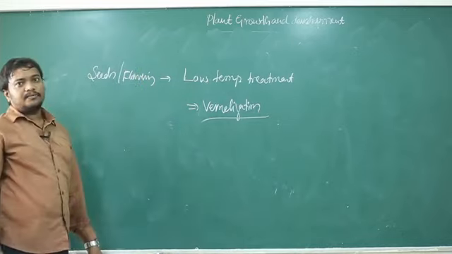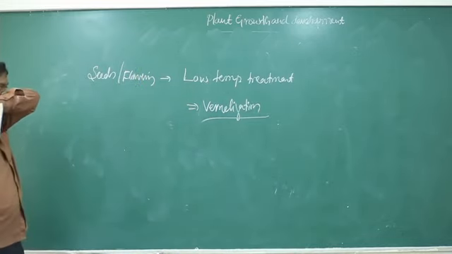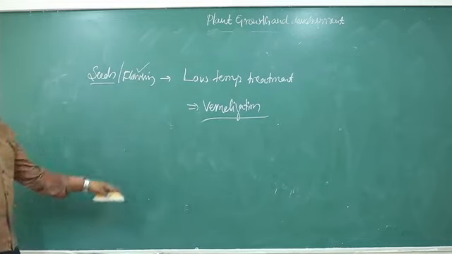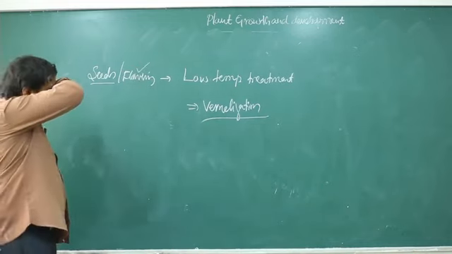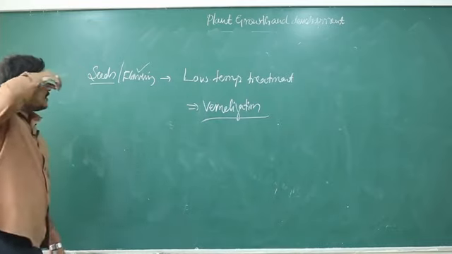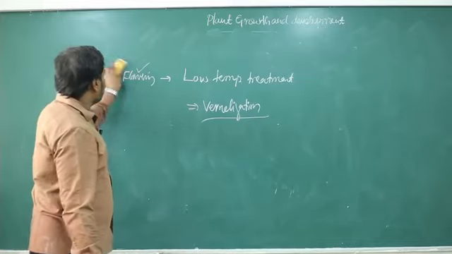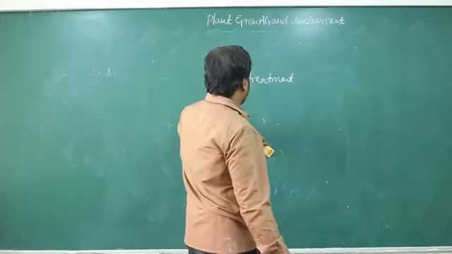So vernalization is a process of exposing the plant to low temperature either for flowering or for seed germination. Some varieties of plants produce flowers only after they are exposed to low temperature, especially in the case of wheat. Okay, there are different varieties of wheat.